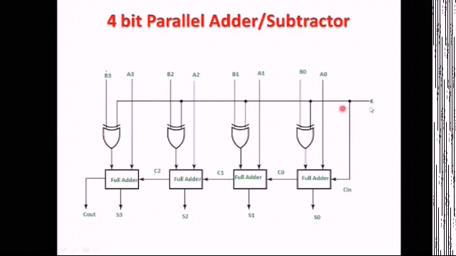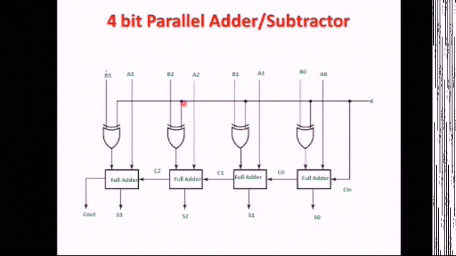Now, this K is the control input, which will control the whole circuit. This K is connected to C in. This K is also connected to one of the inputs of the first XOR gate, and the other input is B0. Similarly, it is connected to the second XOR gate, and the other input is B1.